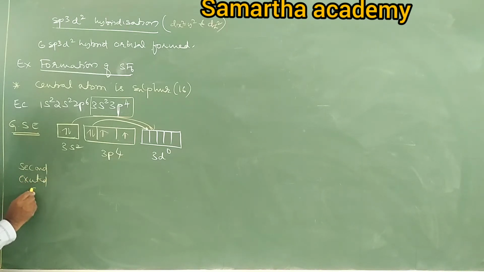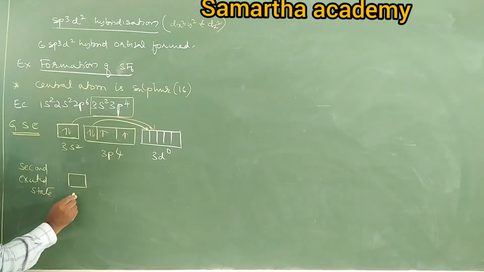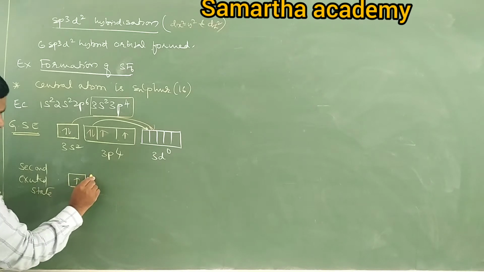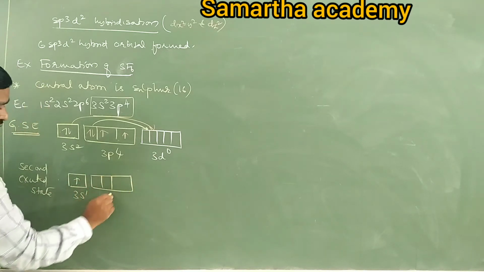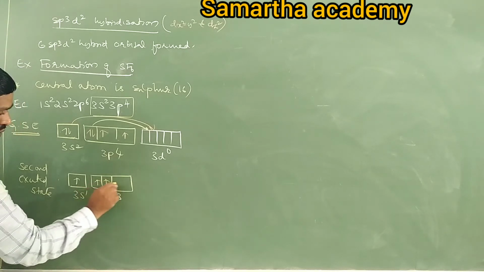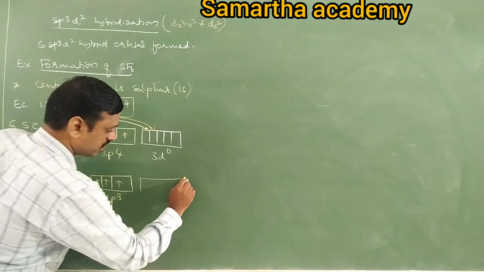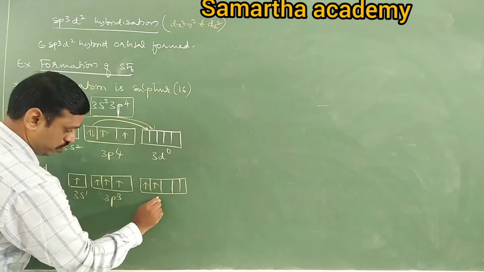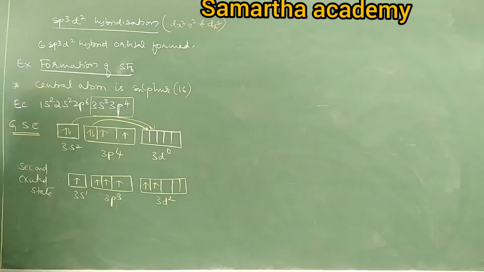Second excited state electronic configuration is 3s becomes 3s1, 3p4 becomes 3p3, and 3d0 becomes what? 3d2. Okay, 3d2. So this is the second excited state electronic configuration of sulfur.